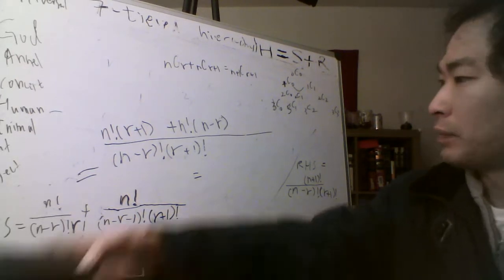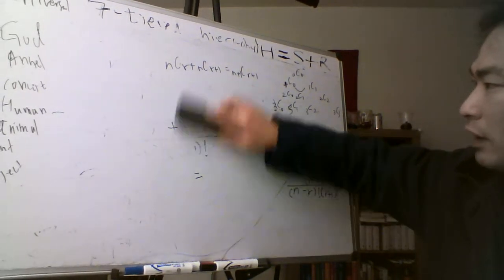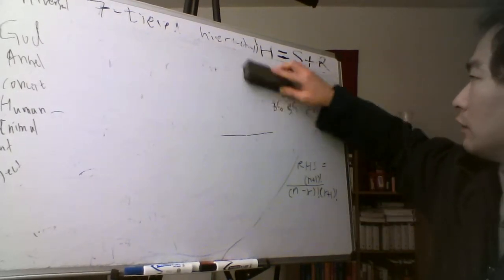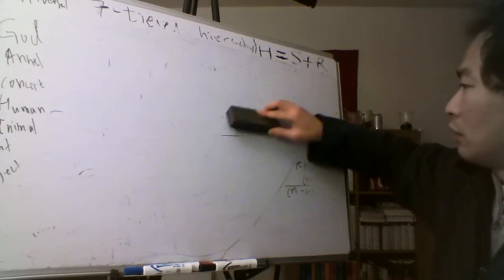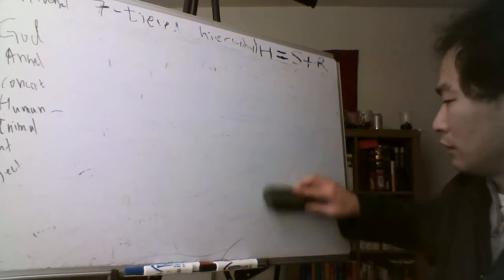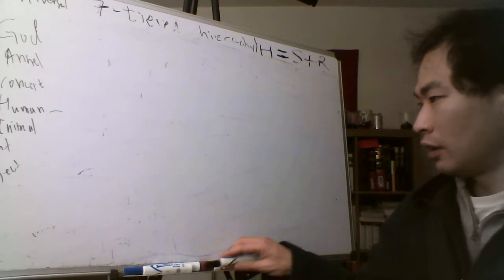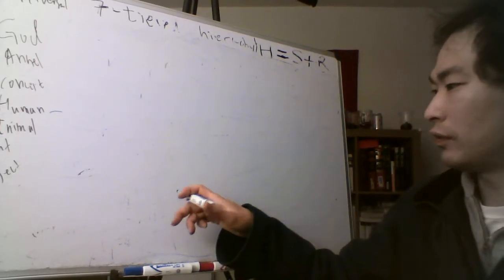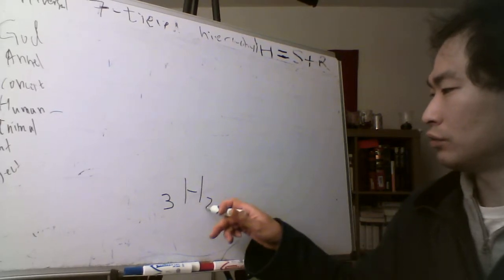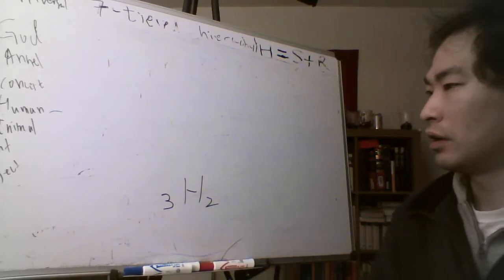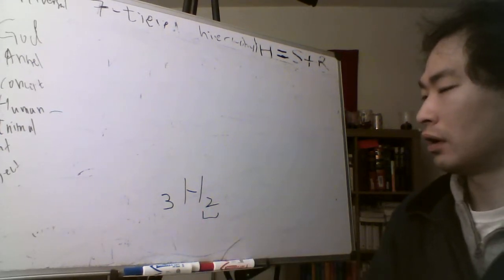So that's Pascal's triangle, and in terms of the combination, you have n. Just for example, you have 3h2. Okay, it's combination. We are picking 2, okay, but we are allowing repetition.